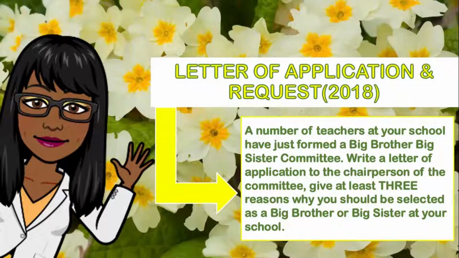A number of teachers at your school have just formed a big brother, big sister committee. Write a letter of application to the chairperson of the committee. Give at least 3 reasons why you should be selected as a big brother or sister at your school.